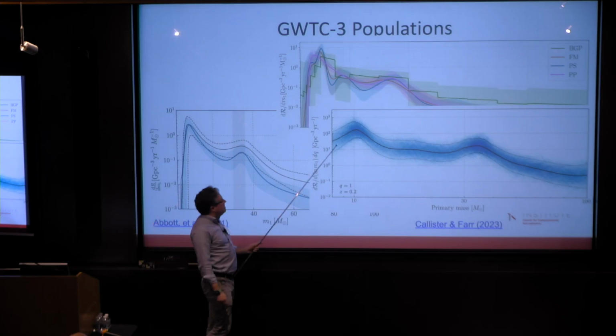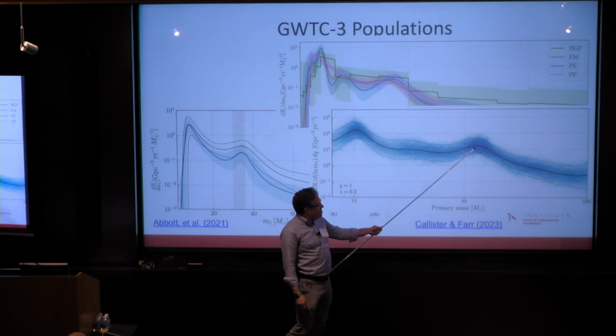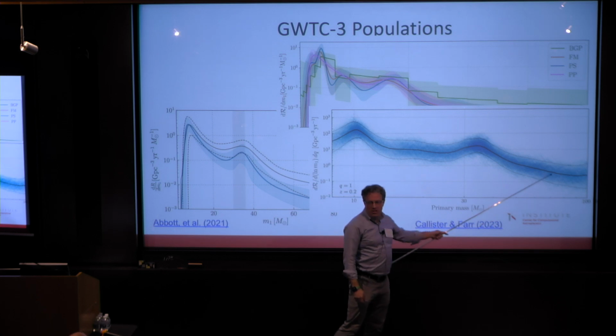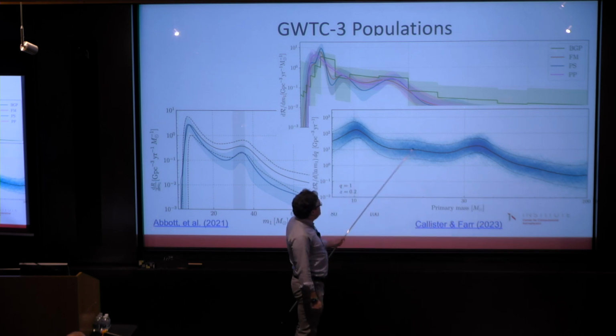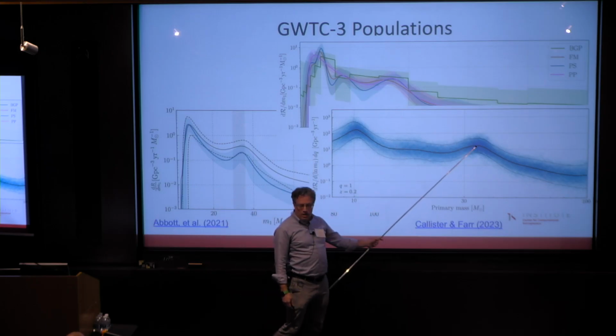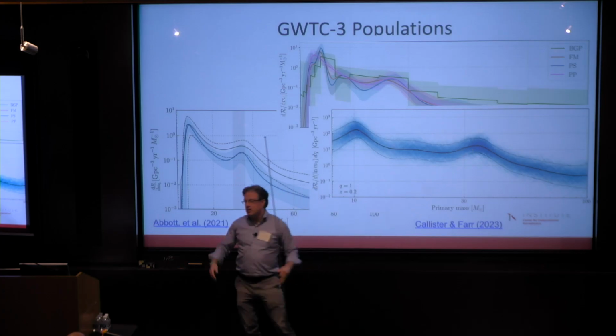But if you average them all together, you see a peak emerging at 10 solar masses and a peak emerging at 35 solar masses. Not very many black holes in this region that Maya was asking about, though not zero. Maybe there's something happening here. We don't really know. More sources will tell us. But the fact that there is a peak here, there's an excess of black holes there, that functions just like a spectral line. You can track it across cosmic time.